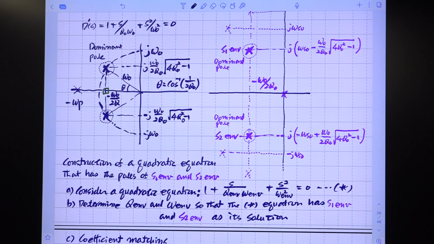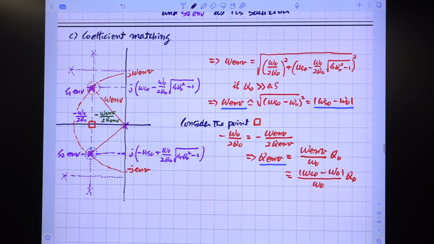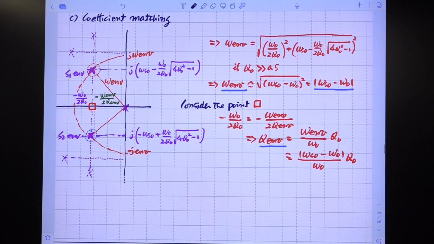That procedure is shown here. Okay, what we are trying to do is find this G_ENV(S), which is not the exact one because we are only taking two dominant poles. So these two dominant poles will be like this.